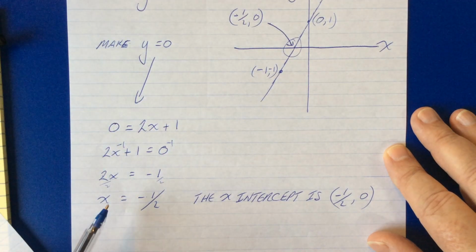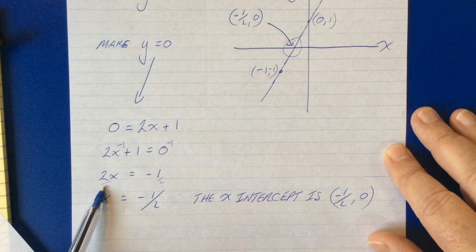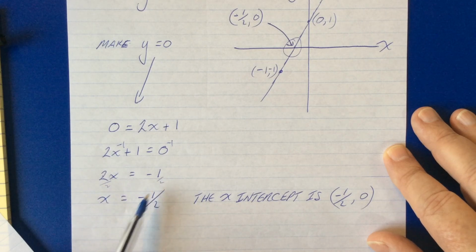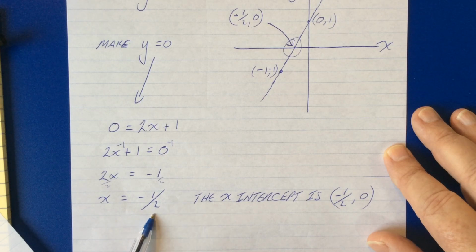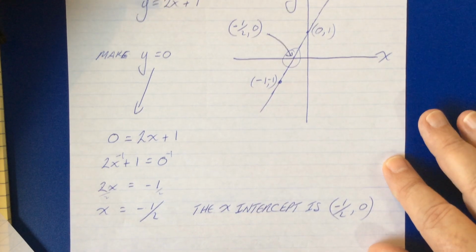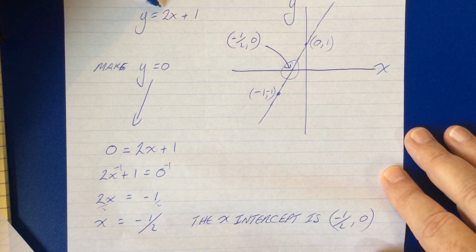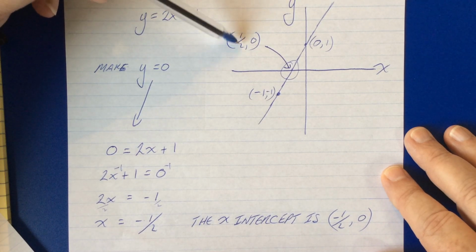So you'll see here that in very faint writing, I've divided 2 by 2 and negative 1 by 2. I've divided each side by 2. And what I wind up with is x equals negative 1/2. So the x-intercept for this equation, which you are hopefully familiar with now, is negative 1/2, 0.